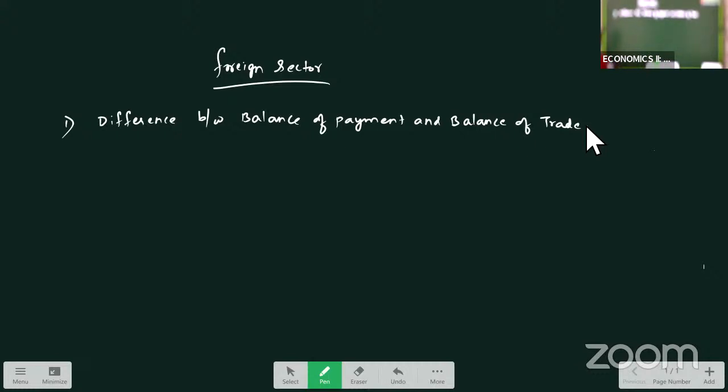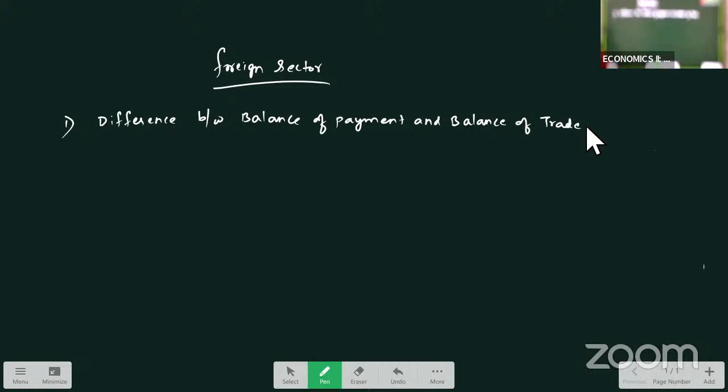So when the country is going for import and export, that is, when the country is going for international trade, they will maintain a kind of balance sheet. That means how many goods we have imported into the country, and how much value of goods and services are exported to the other country. That final statement the country prepares is called the balance of payment and balance of trade.